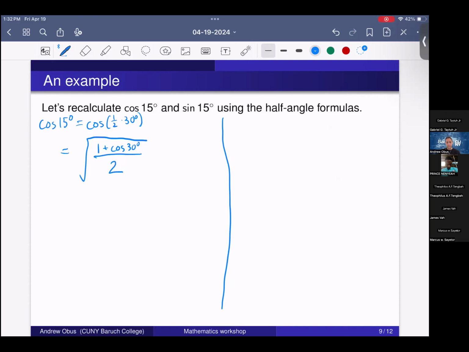right? And that's equal to the square root of 1 plus, well, cosine 30 degrees is square root of 3 over 2, over 2. So we can simplify this fraction.